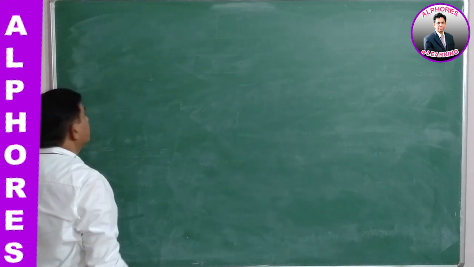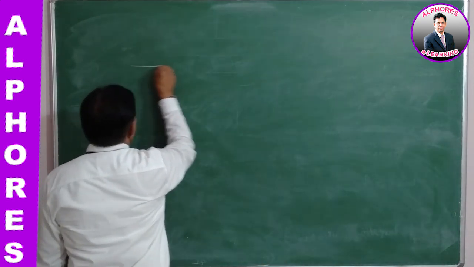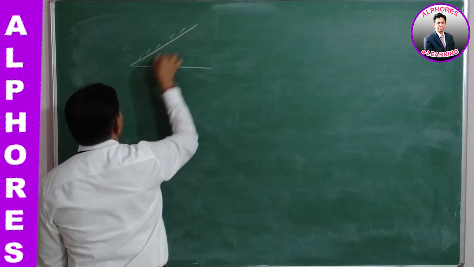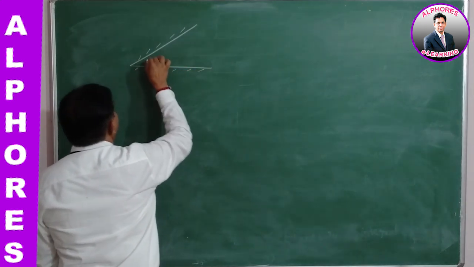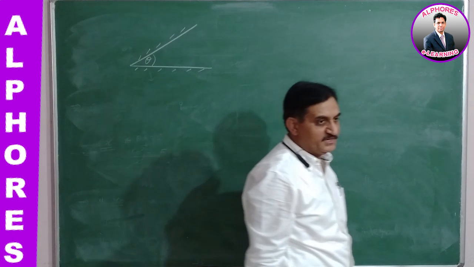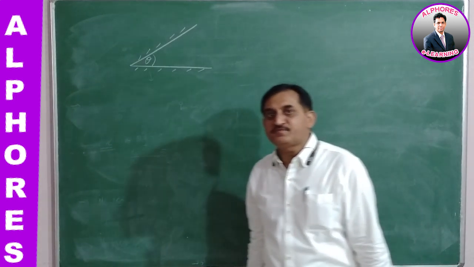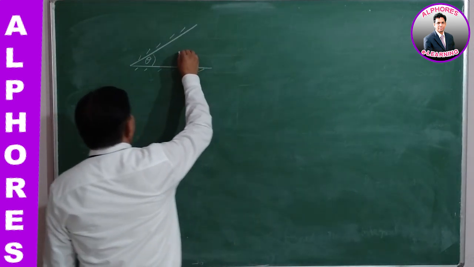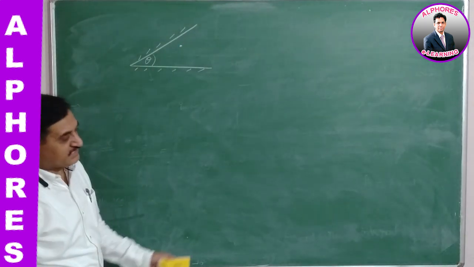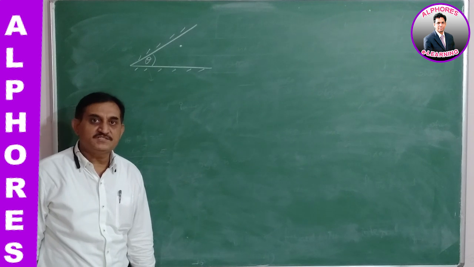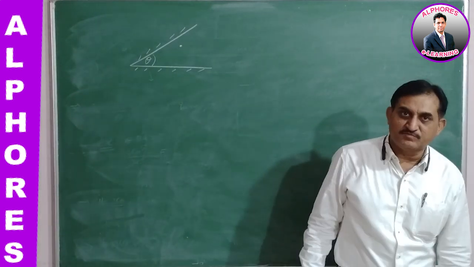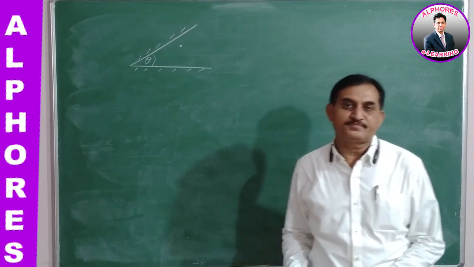Right. When the two plane mirrors are at a certain inclination, theta is the angle between these two plane mirrors, and the number of images formed will be counted by taking any case under which we are counting how many images are formed by these two plane mirrors.